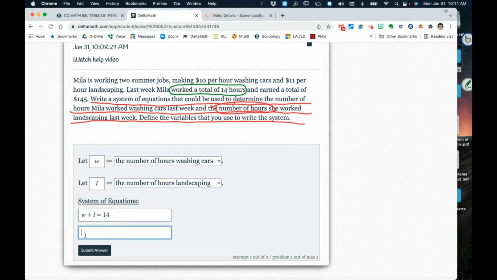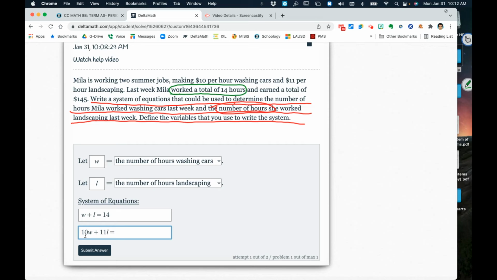They're telling us she makes $10 an hour washing cars, right? So the total amount she makes washing cars would be 10W, 10 times W. That's all the money she made washing cars. Plus, she makes 11 times L landscaping, which is all the money she makes landscaping.